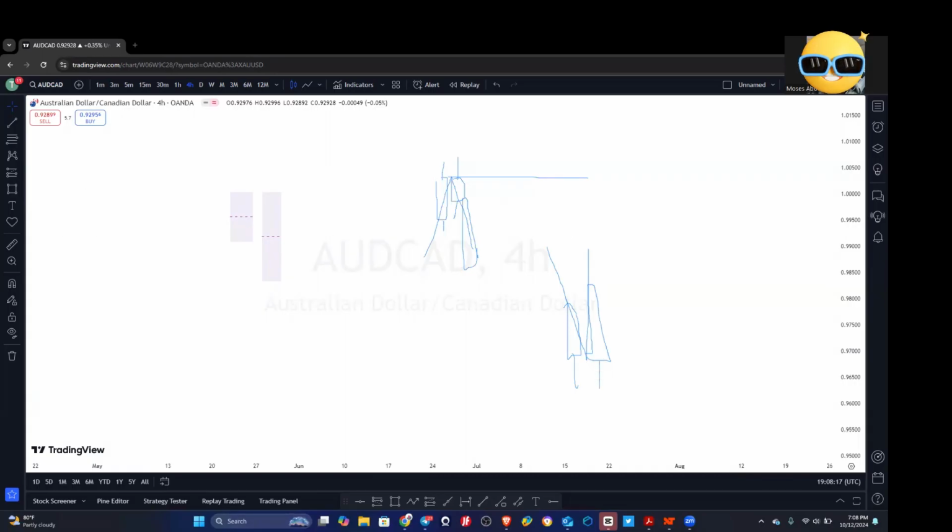Now, why do I do either Malaysian SNR and Malaysian engulfing, and why in particular do I like Malaysian engulfing more than the Malaysian SNR? So if I have an engulfing candlestick, the thing is that in this one engulfing, there's already an SNR level.